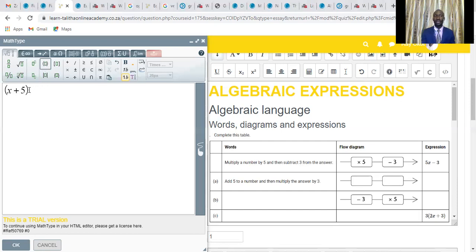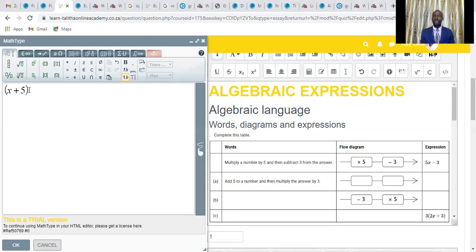Now notice that putting it inside the bracket makes it easy, because this result is not one number. It is a combination of a number and the letter that we have chosen.